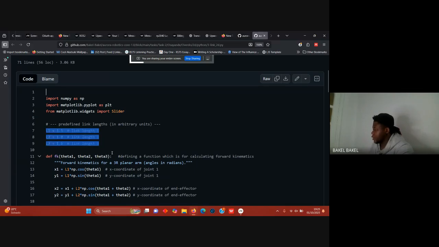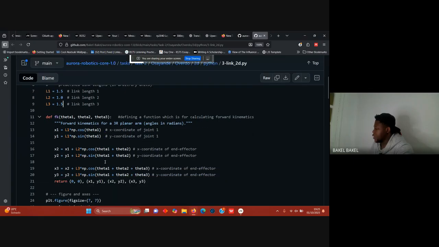He defined the 3 links: link 1, link 2, link 3. And then this is what we are interested in. You notice this is L1 cos theta 1. And then he comes down. This is still L1 because this is still X. And then he has L2 cos theta 1 and theta 2. And he comes down here. And he has L3 cos theta 1 plus theta 2 plus theta 3.